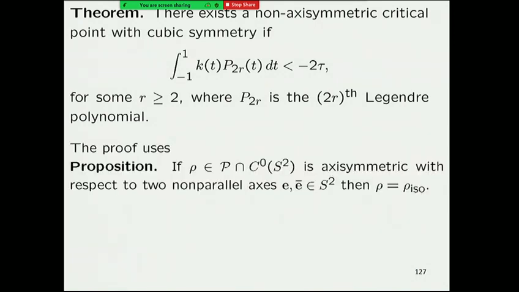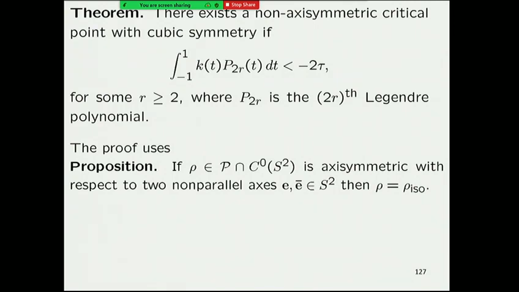Okay, so that's fairly mysterious, but anyway, the proof uses the following proposition, that if you've got a continuous rho which is axisymmetric with respect to two non-parallel axes, then rho is isotropic.